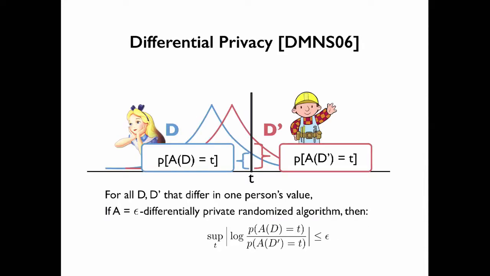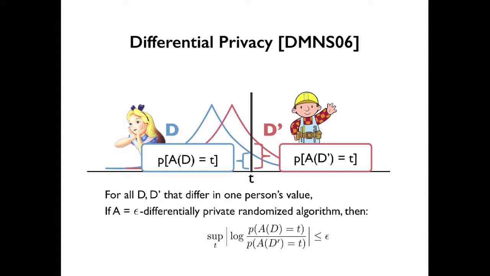Here is what the definition looks like. If you have data sets D and D prime that differ in a single person's private value, and A is an epsilon differentially private randomized algorithm (remember, a differentially private algorithm has to be randomized), then the following equation holds. The equation says that if you look at the likelihood ratio that A of D equals T over A of D prime equals T, take the log and the absolute value, then the supremum of this over T is at most epsilon.